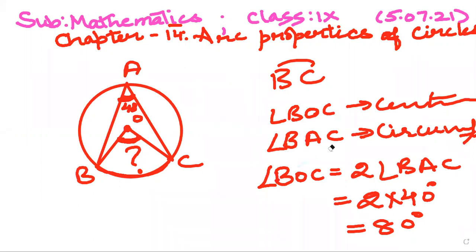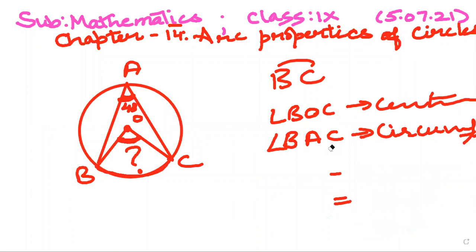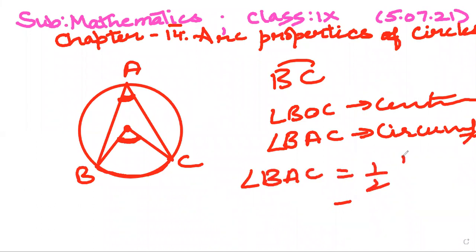Let me give you one more example. If angle BOC is double, then what will be angle BAC? Yes, you are right. It is half. So angle BAC will be half of the angle subtended at the center. Suppose it is given that the angle subtended at the center is 70 degree.